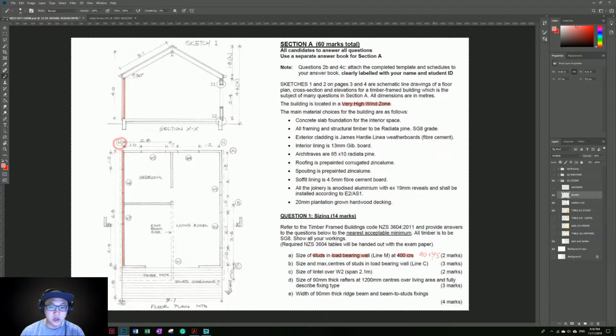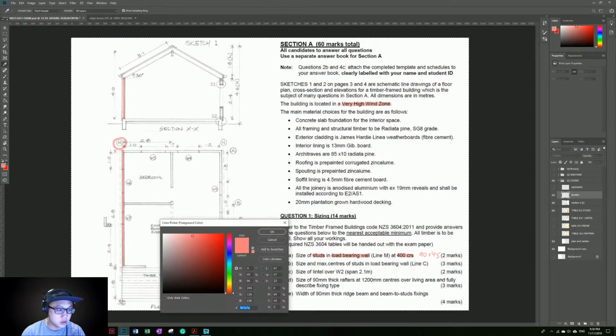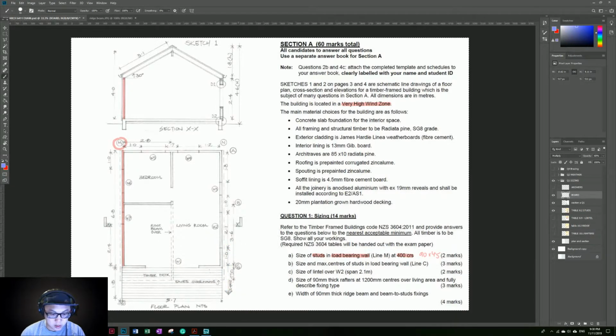Okay, now we need to size the maximum centers of the studs in load bearing wall line C. So line C, and maybe I'm just going to change color. Line C is this one. Is that wall, and you can see that section.